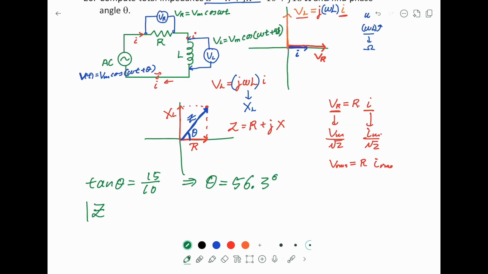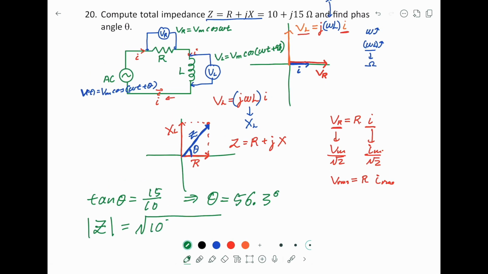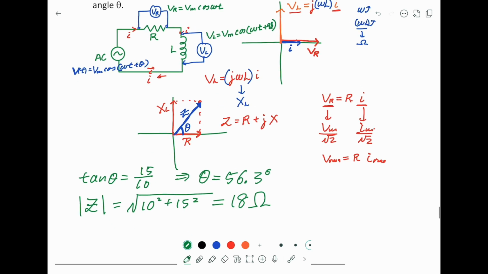The magnitude of the complex impedance Z is equal to the square root of 10 squared plus 15 squared, and it's equal to 18. Remember, it's measured in ohms. So the complex impedance can be written as 18 angle 56.3 degrees.